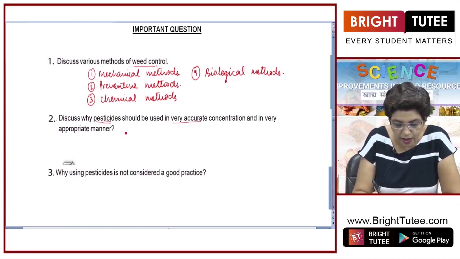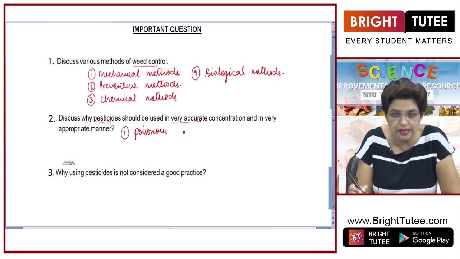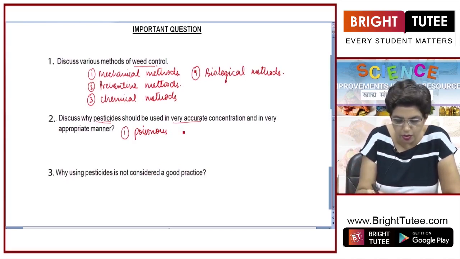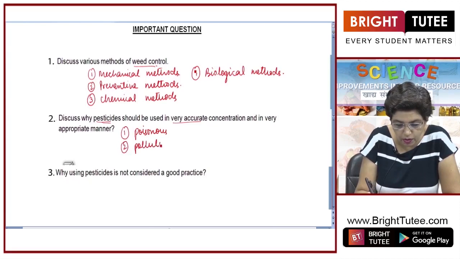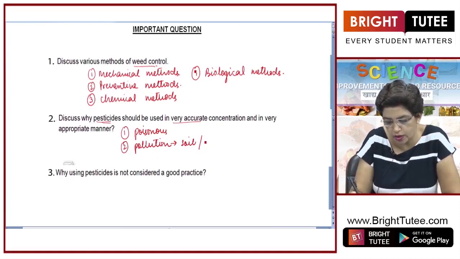First, why? Firstly, they are very poisonous substances. Alright, so if excess is used, they can harm the crops or even the human beings who are using it. Second is they cause pollution of the soil, as well as if they get washed into the water, they also cause water pollution.